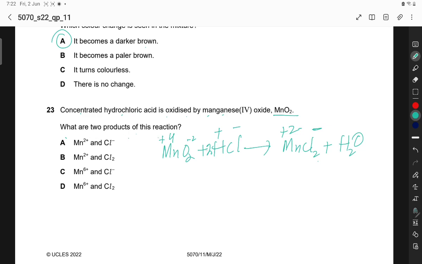So what are the two products of this reaction? Mn2 plus and Cl minus.